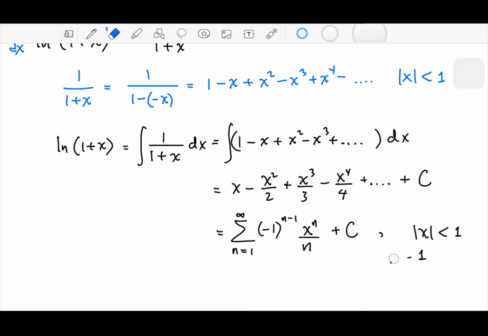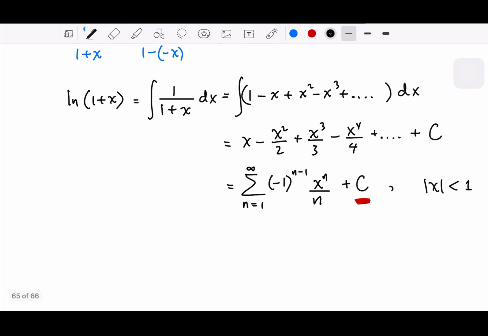But maybe before we look at the radius of convergence, we'll look at the constant. So we need to figure out what the constant is. If we take x equal to 0 to remove x from our equation, we can only look at the constant. When x equals 0, c is equal to ln 1, which is 0.